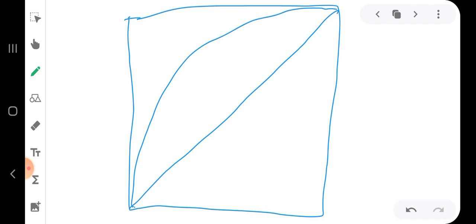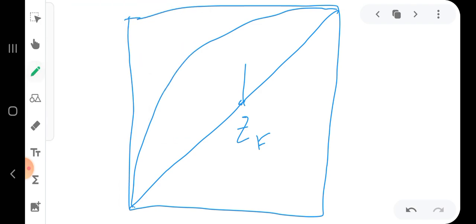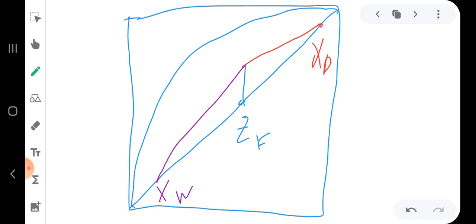Then this is the composition of the feed, and this is the q line. We have the top section operating line, which starts at xD, and this is the waste composition, so this is the bottom section operating line.